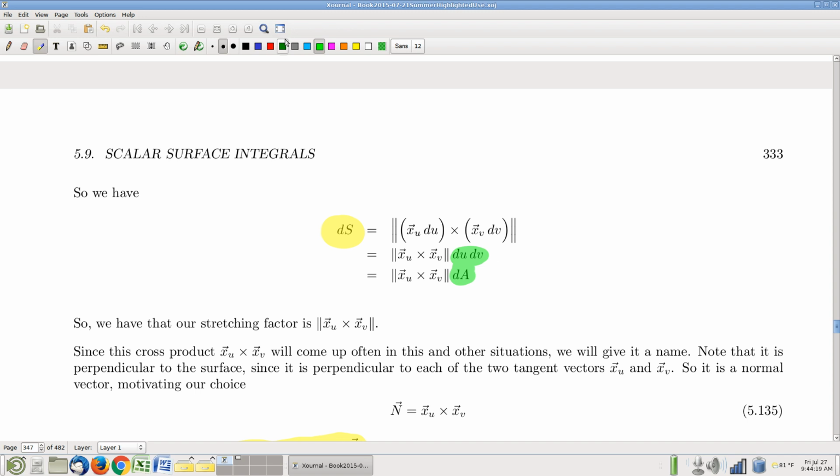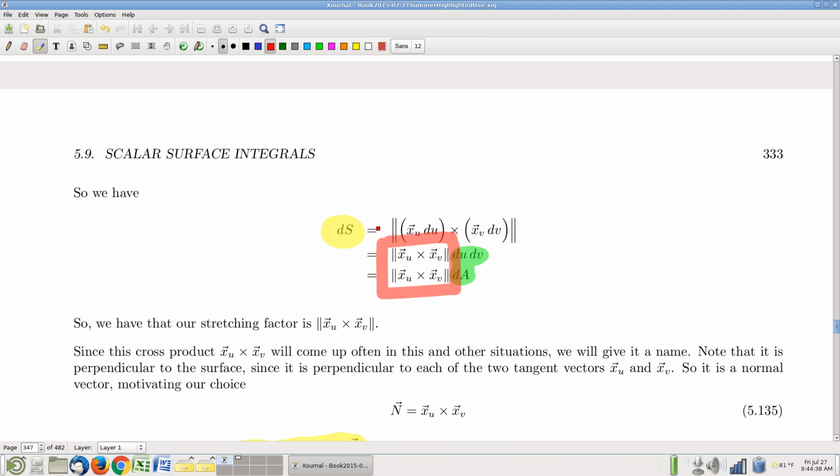I have explicitly my stretching factor. How much do I multiply by the input area du dv to get the output area, this parallelogram, this ds, little piece of the surface? I have the factor by which the parameterization stretches areas.